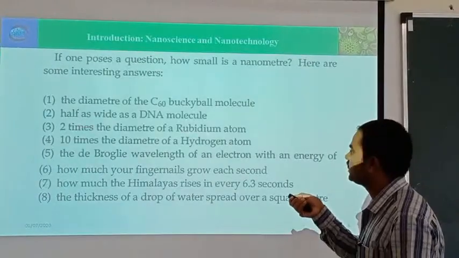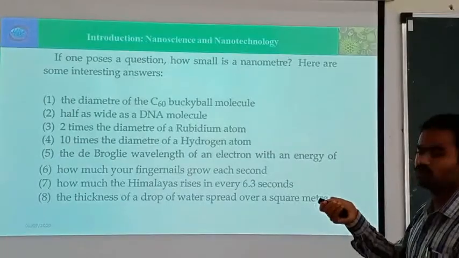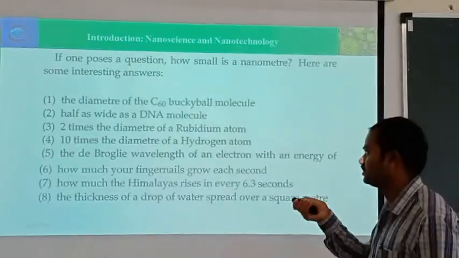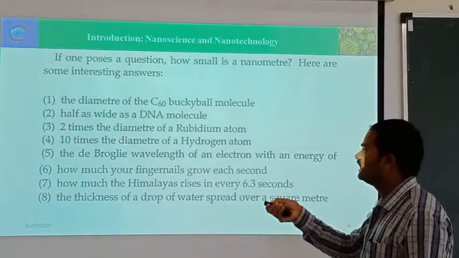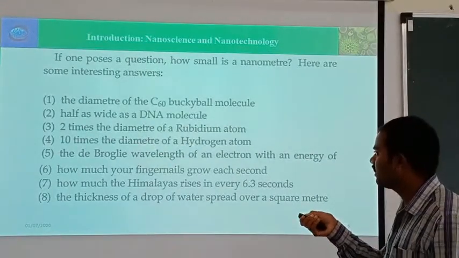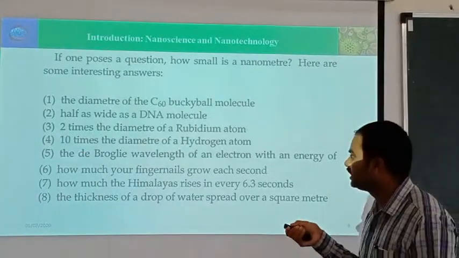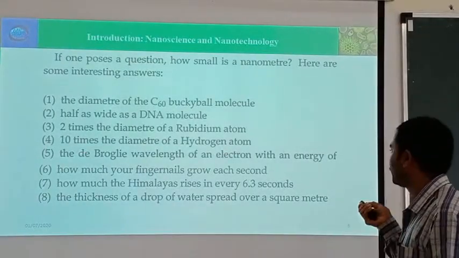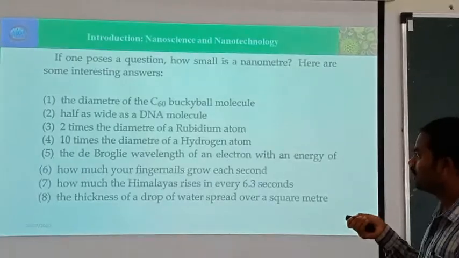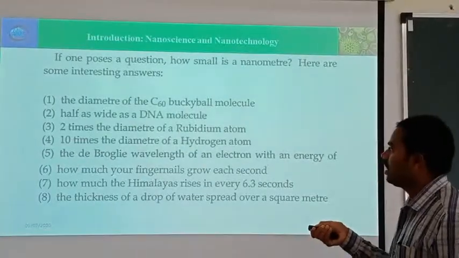2 times the diameter of a rubidium atom is approximately 1 nanometer. 10 times the diameter of a hydrogen atom is approximately 1 nanometer. The de Broglie wavelength of an electron with a suitable energy is approximately on a nanometric scale.